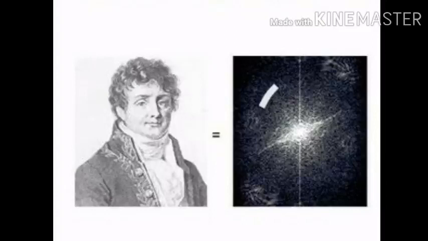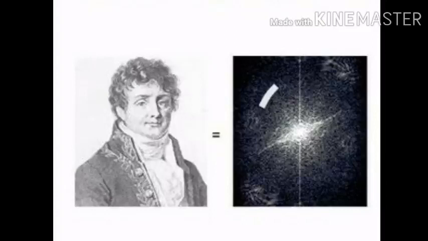So higher frequency components of the Fourier transform will be denoted by white dots that are far from the origin, from the center, and low frequency Fourier components will be denoted by the white dots that are closer to the origin.